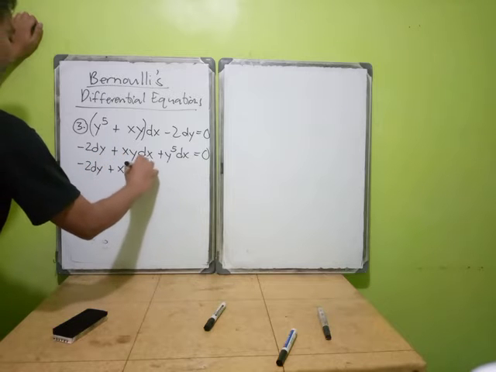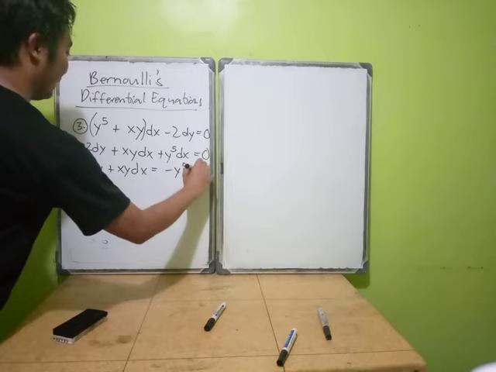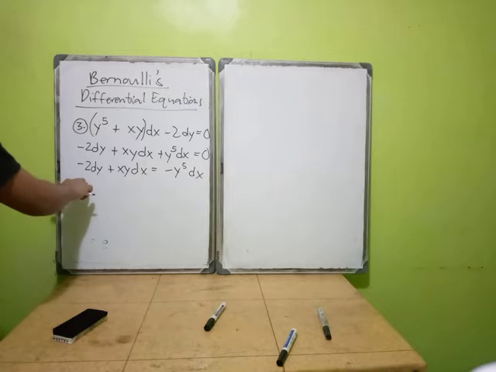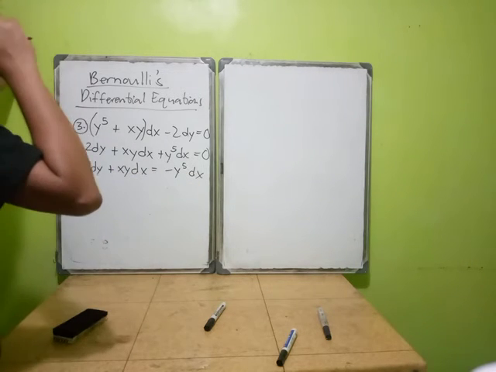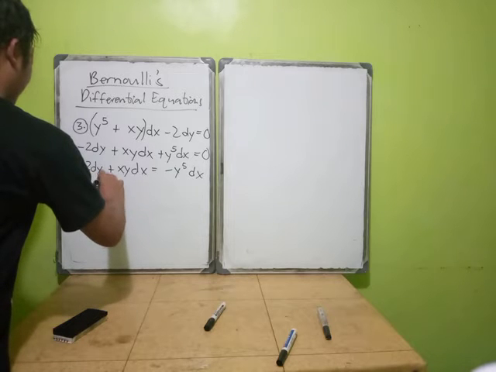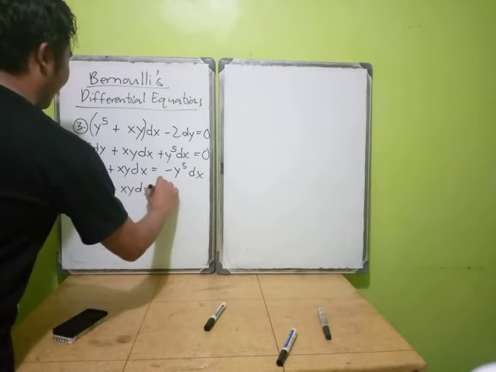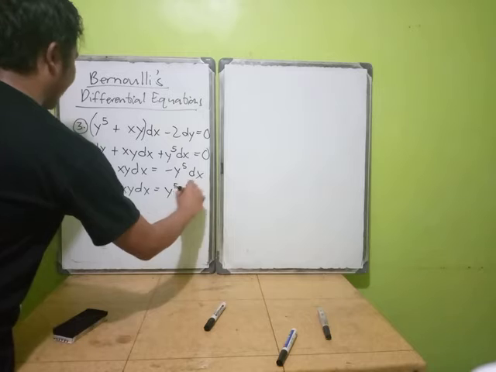So, magiging, ito na siya, negative y to the 5th dx. Okay? May negative on both sides. So, multiply ko ng negative 1. So, magiging 2 dy minus xy dx is equal to y to the power of 5 dx.